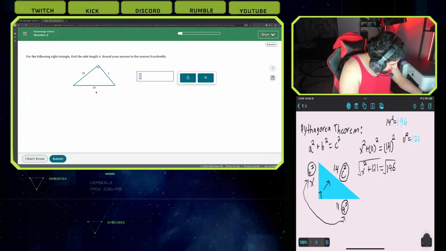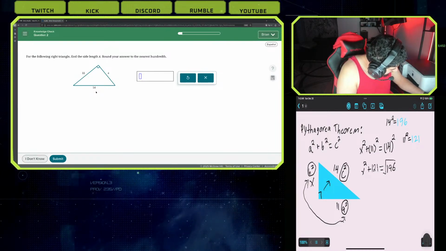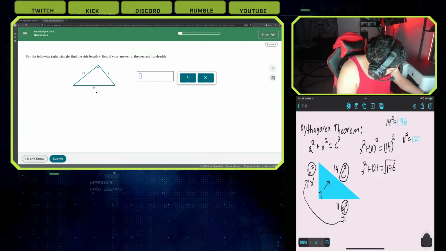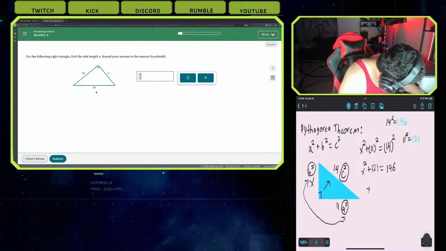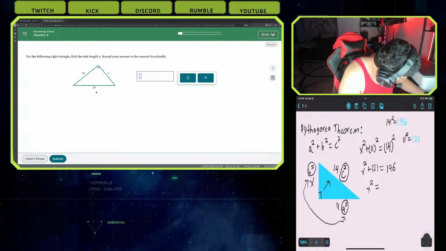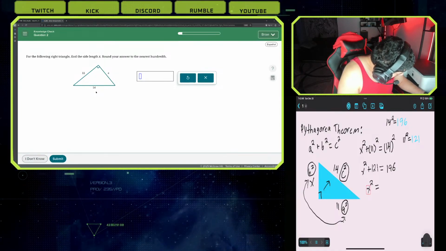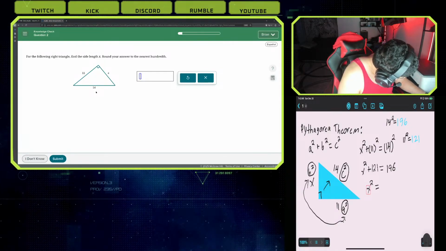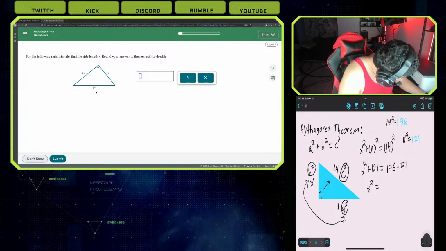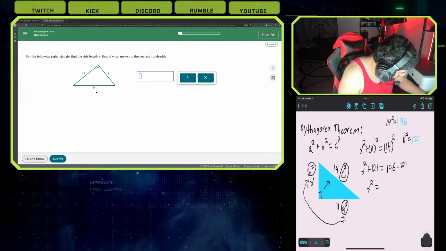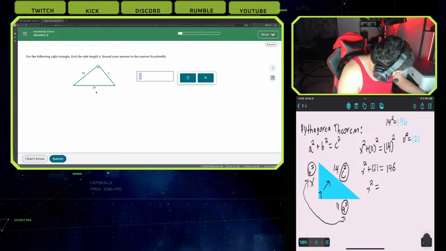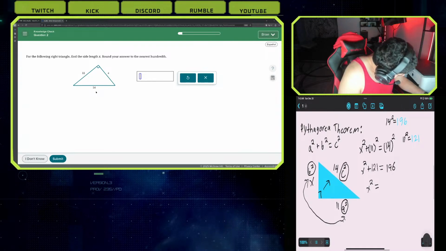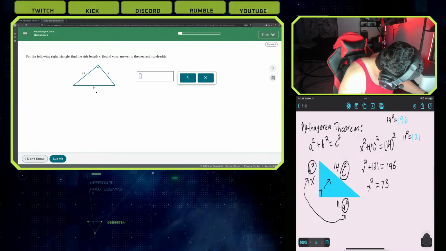Before we do that, we need to get rid of the 121 on the left side. So it's gonna be x squared equals 196 minus 121. Let's see if it pops up. Nope, it doesn't pop up. So that's gonna be 75.